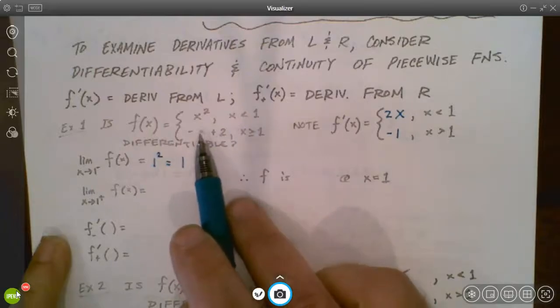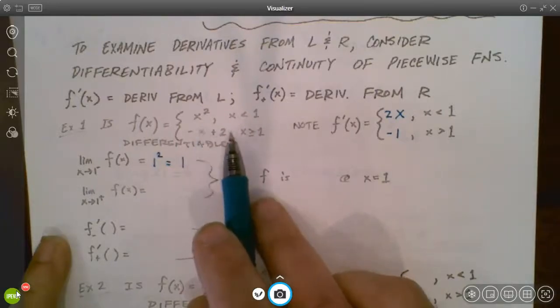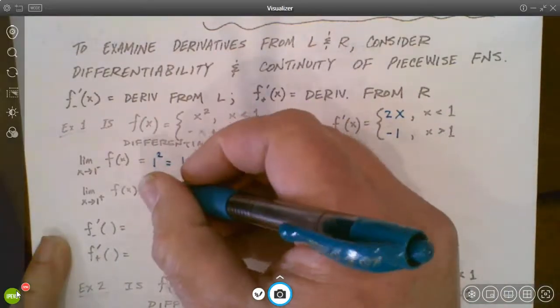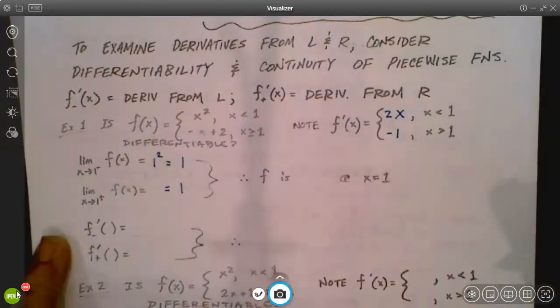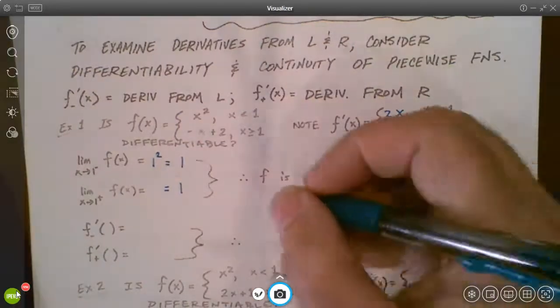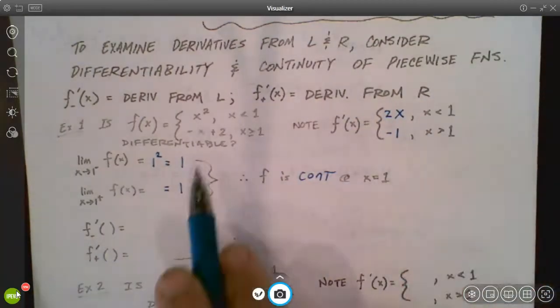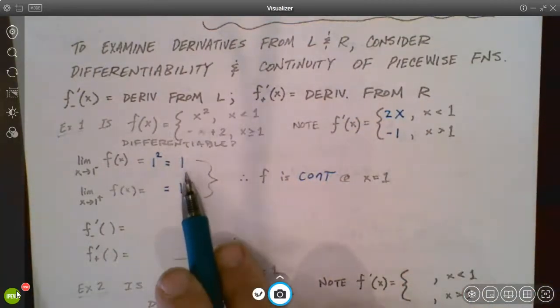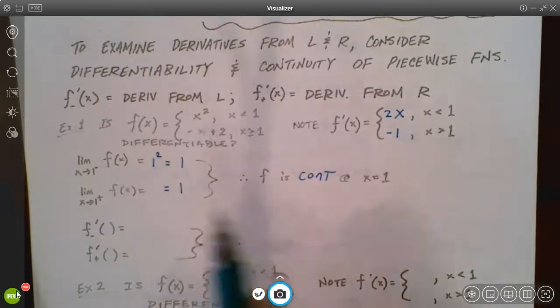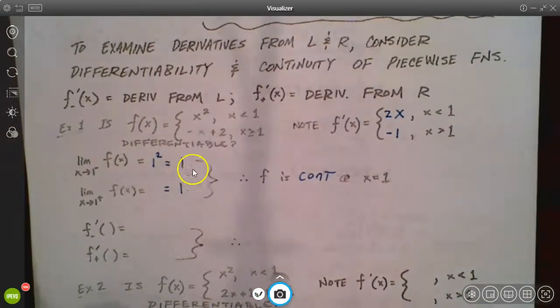So as I plug a 1 into this x, I get negative 1 plus 2, which is simply 1. So we know this graph is continuous at x equals 1 because of the y values that we got right here. Because you got the same value, we know it's continuous at 1. Now, if these numbers did not match, that would mean it's not continuous, and therefore we could not take a derivative.